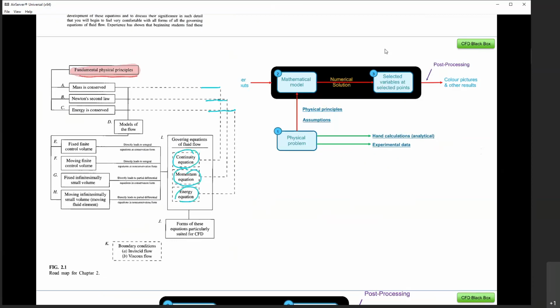Aside from that, we have several models of the flow that we can use in deriving the Navier-Stokes and Euler equations. Among them, we have the fixed finite control volume, the moving finite control volume, the fixed infinitesimal small volume, and also the moving infinitesimal small volume, or the moving flow elements.